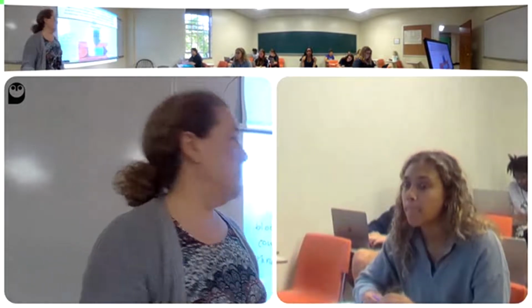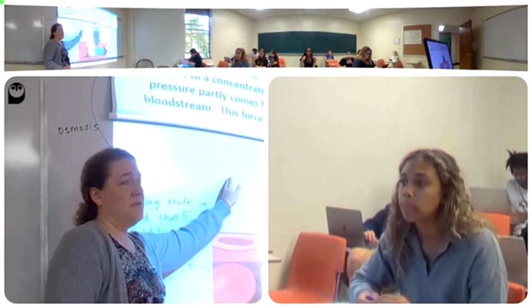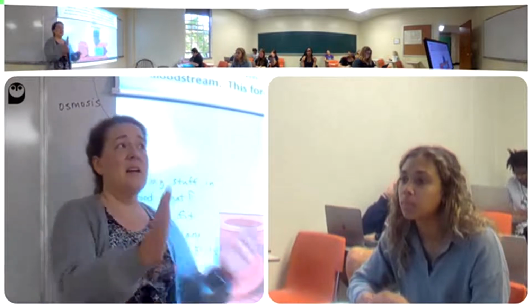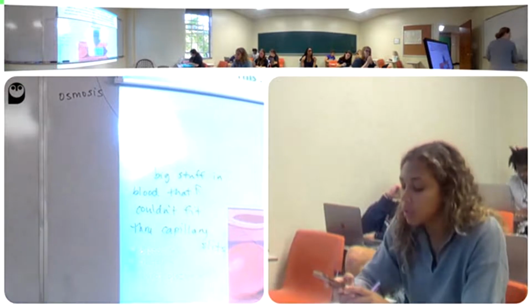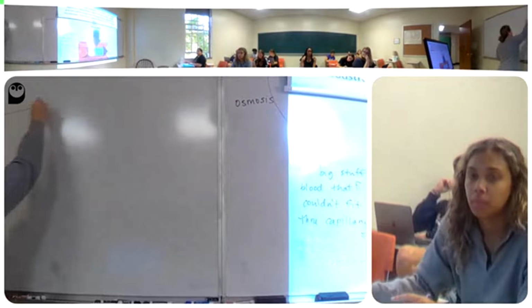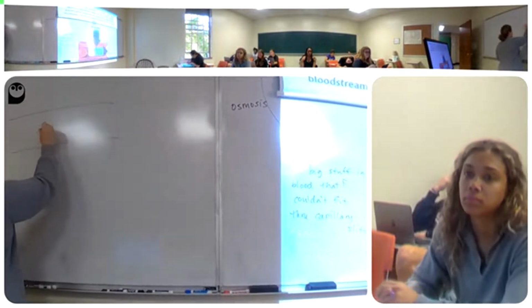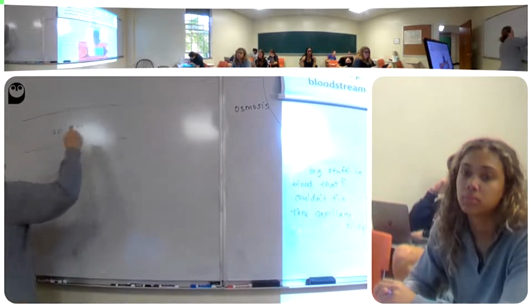So there's filtration from blood pressure pushing fluid out, but there is also osmotic pressure pulling water back in, and those two forces are going to balance each other. So I'm going to draw over here a capillary, and kind of repeat these arrows.